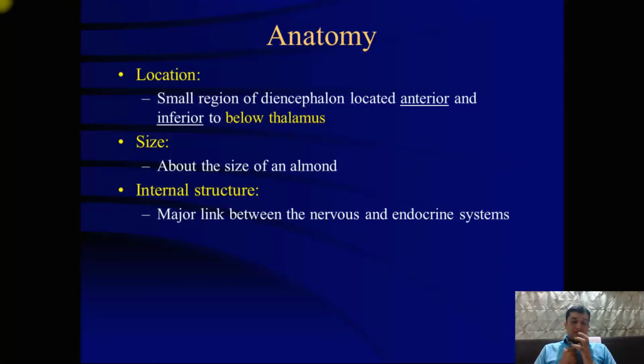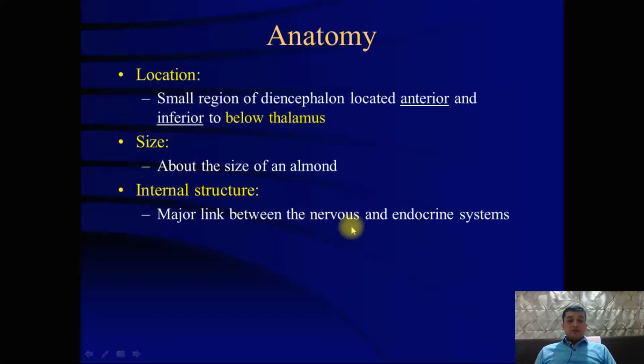Now you must be thinking that if the other endocrine glands are under the control of the pituitary, and the pituitary is under the control of the hypothalamus, then how is the hypothalamus able to perceive these changes? The answer is here.